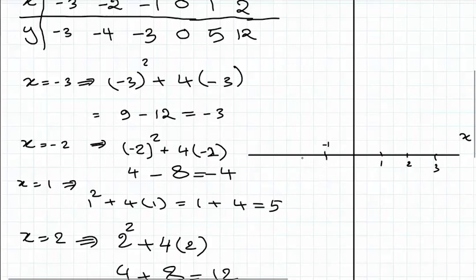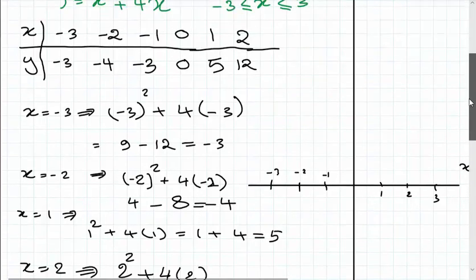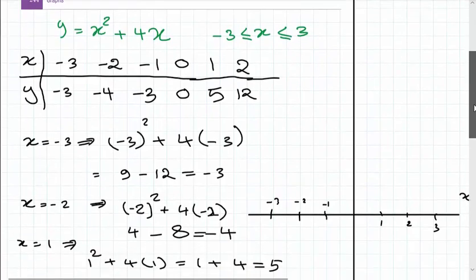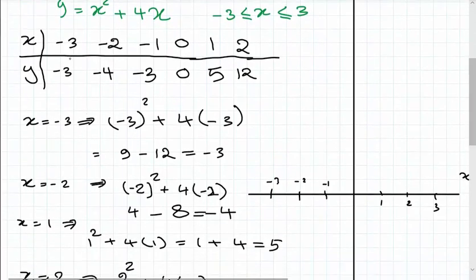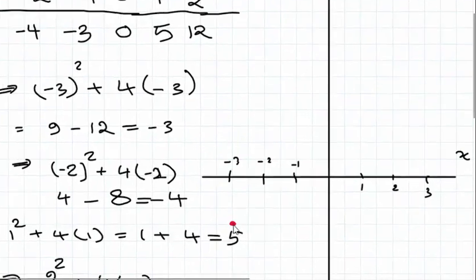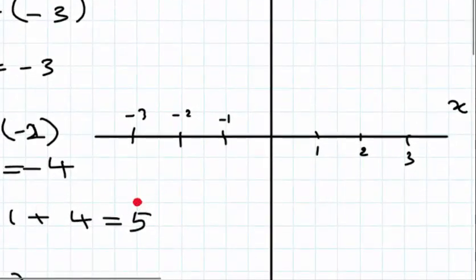Then -1, -2, -3. The y-axis is going by 1. It's fine if we don't label it. The first point we have is -3, -3. -3 in x is here. -3 in y means go down 3 steps. This is the first point.